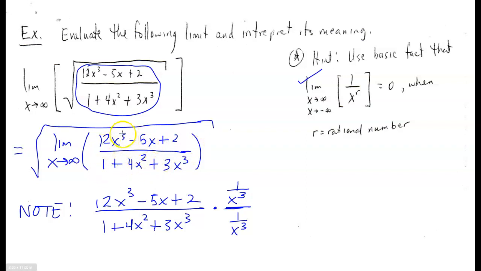So for instance, if I had 12x cubed here, but I had 3x to the 4th here, then I would want to take this and say 1 divided by x raised to the 4 divided by 1 divided by x raised to the 4. If I had 12x raised to the 4 here, and this was still 3x raised to the 3, I would still want to do 1 divided by x raised to the 4 for both numerator and denominator here.